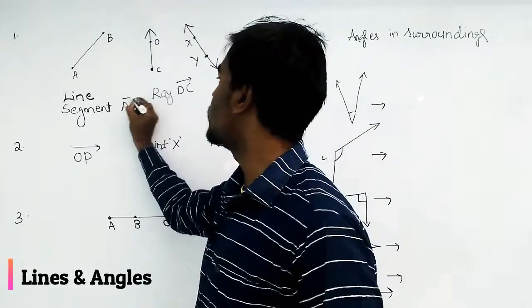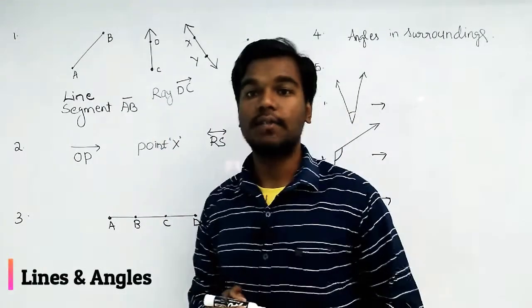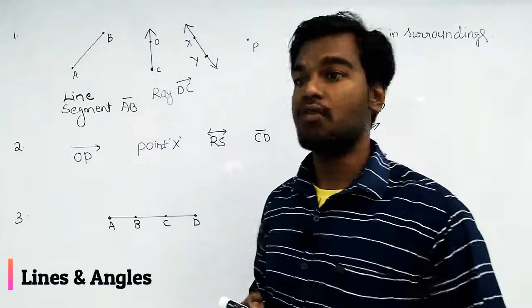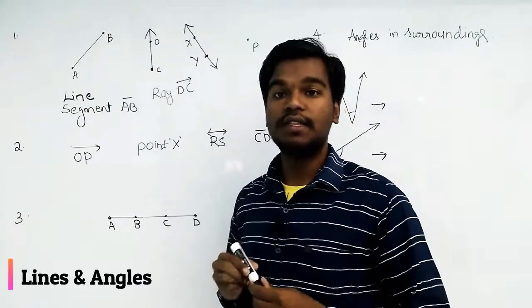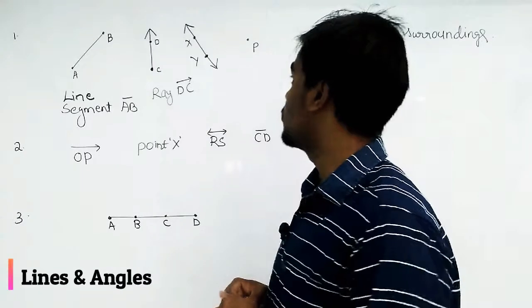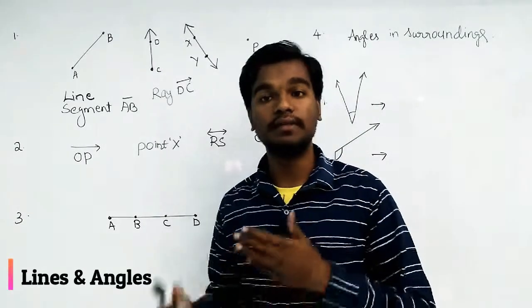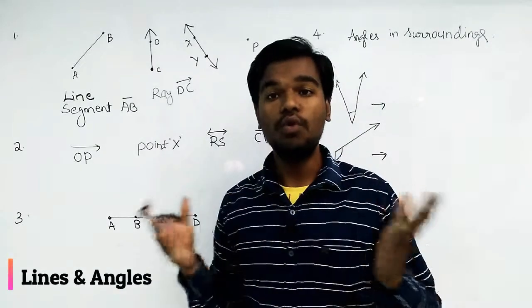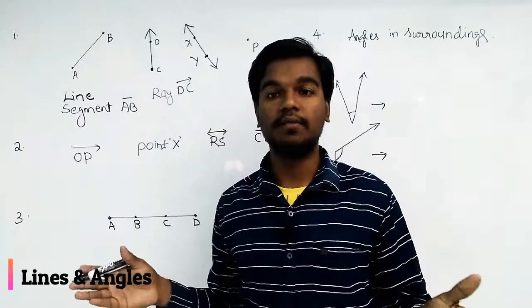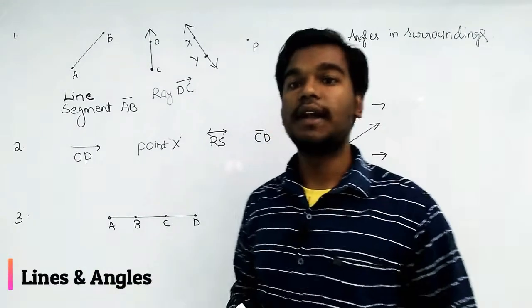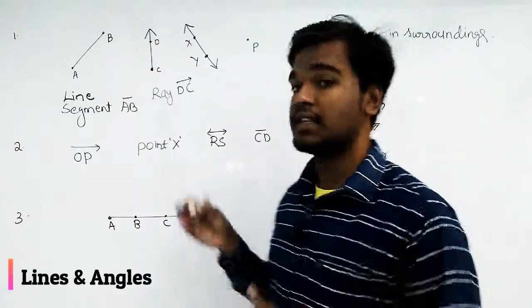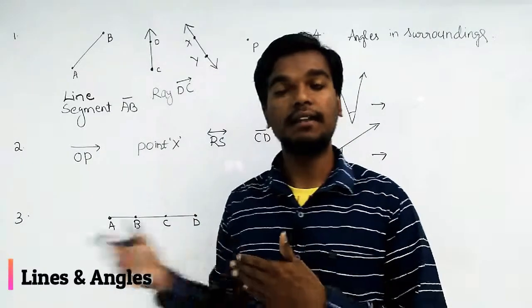A line segment will always be written as line segment AB with a bar on top. And XY is the best known representation, always with a line. There is no starting point and no ending point. That type of thing is called a line.